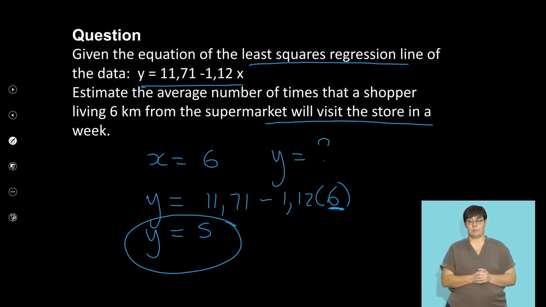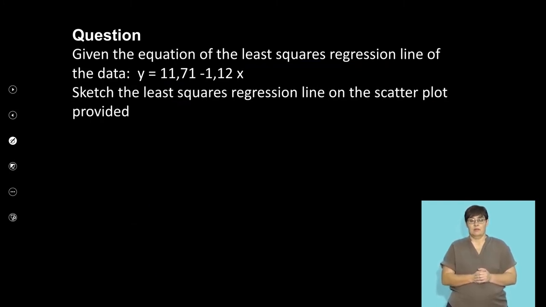Good. So now, the next one is, given that the equation of a least square line is the same as we had, sketch the least square regression line on the scatter plot provided. So how do we draw the least square line?